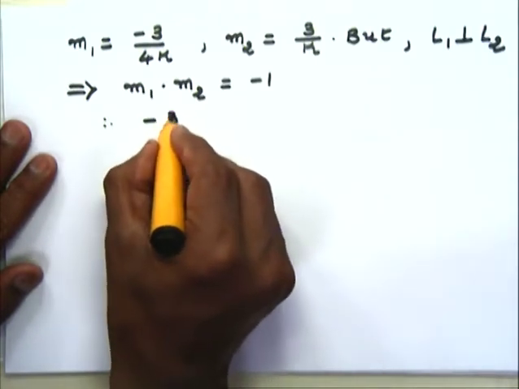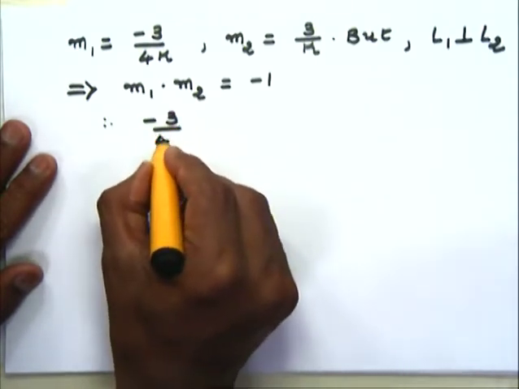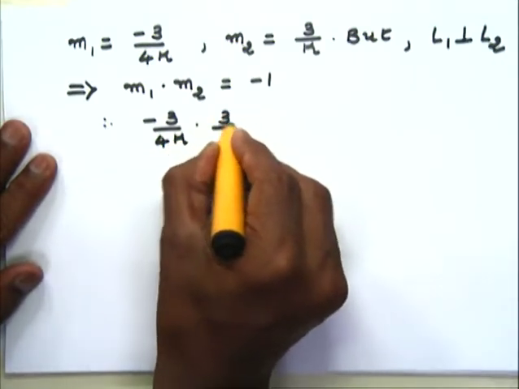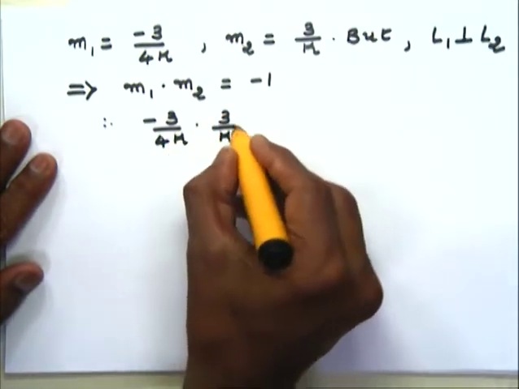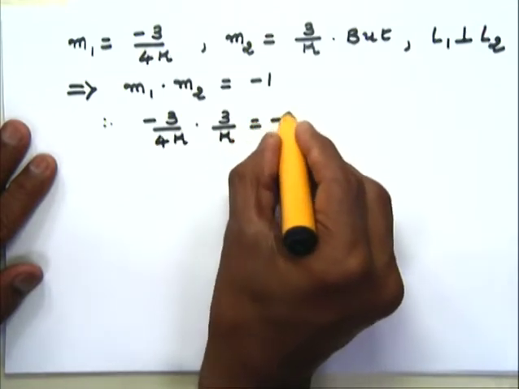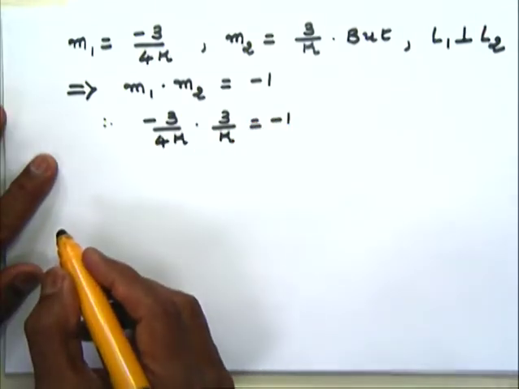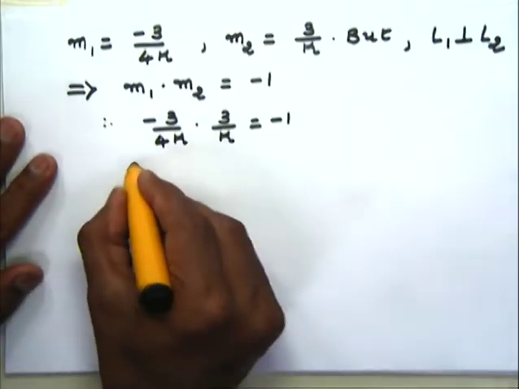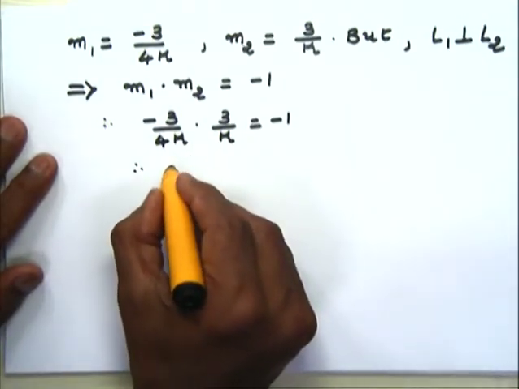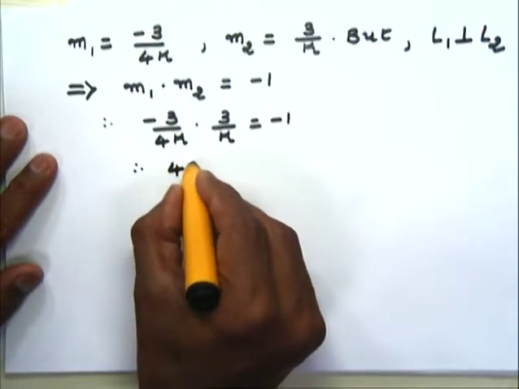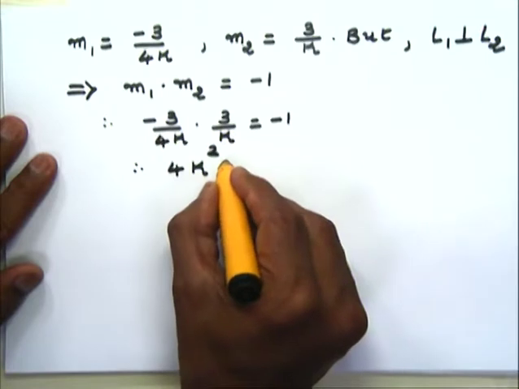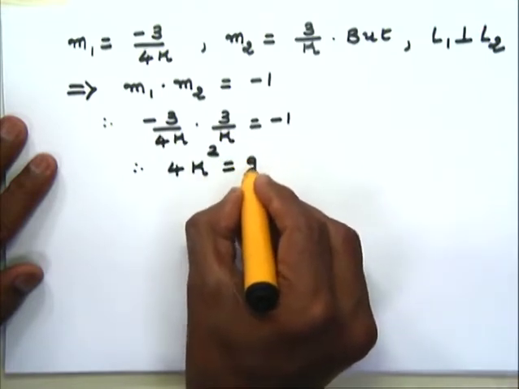We do that: minus 3 upon 4k times 3 upon k will be minus 1. Cross multiplication, etc., I find that 4k square equal to 9.